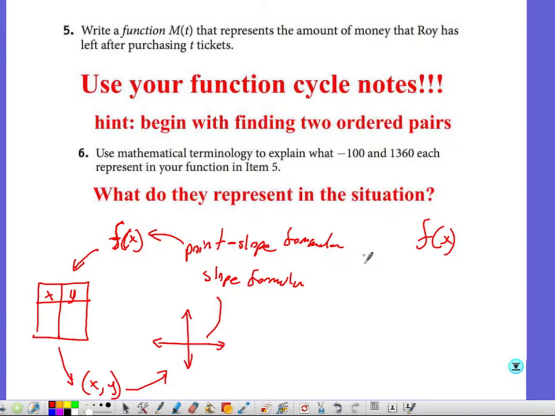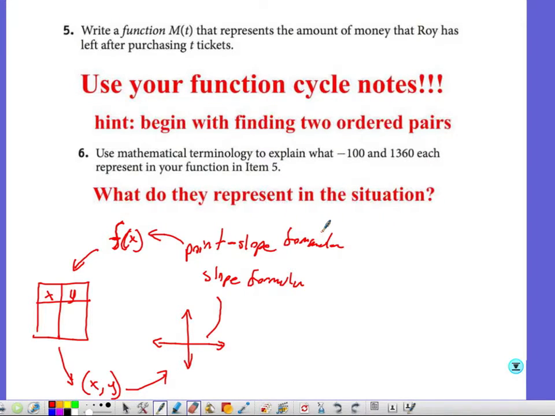So it's like Mr. or Mrs. or Sir. There are different titles, so one different way to represent a function is m of t. So m of t is just basically the title for saying that you have a function. So there are many different names or many different ways to represent a function.